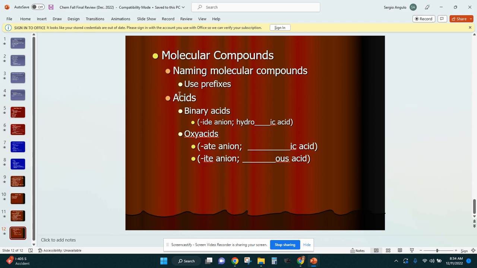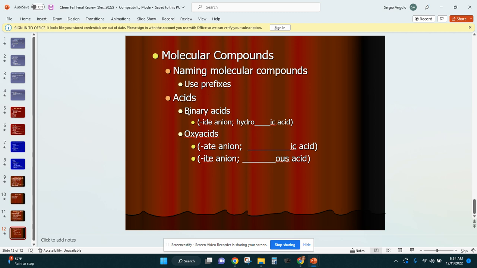And the last thing we talked about were acids. Acids can be broken up into two main categories: binary acids, which are made up of two different elements, and oxyacids, which are acids that have oxygen in them. Usually that oxygen comes from a polyatomic ion. Essentially, an acid is an anion with a hydrogen ion added on for each negative charge the acid has.